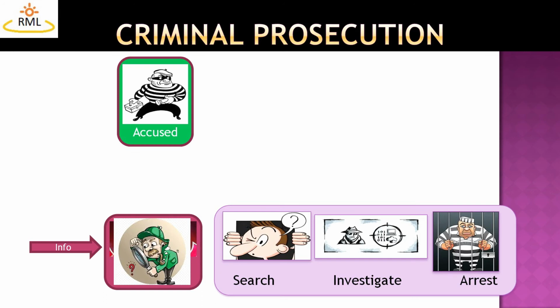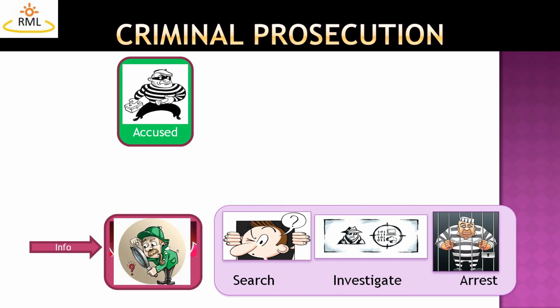ED has the power to survey, search, seize, or even arrest the accused if it has reasons for the same. It can issue notice to witnesses or the accused and question them. The statements given to ED have to be signed and do not suffer any disqualification of use in proceedings later, unlike the statements given to the police.